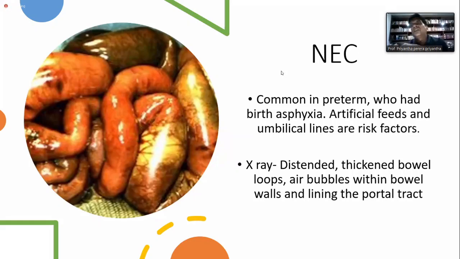Those are also known risk factors for developing necrotizing enterocolitis. Right? So the features are distended bowel loops, thickened bowel loops, air in the bowel wall, then air line in the portal tract, and then after perforation, free air in the peritoneal cavity.